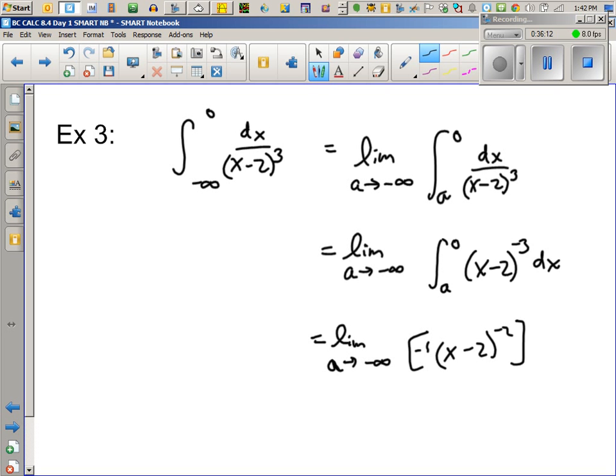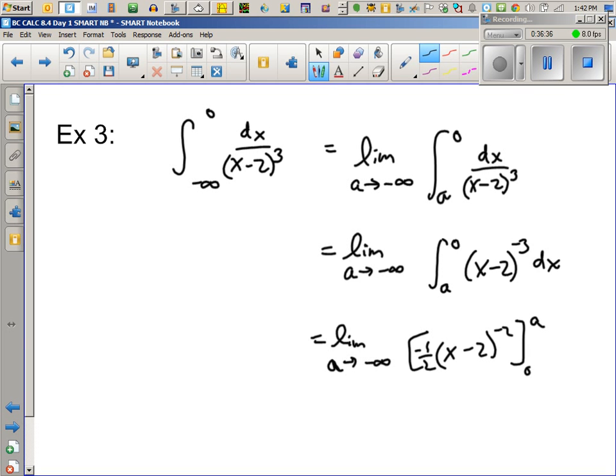And then you'll need the reciprocal out front. So negative 1/2 times x minus 2 to the minus 2 is really the antiderivative of x minus 2 to the negative 3. You can check it. If you take the derivative of what I wrote on this last line, it really is x minus 2 to the negative 3. The derivative of the inside is 1, so we're good.